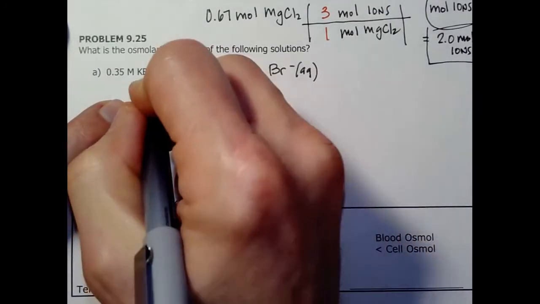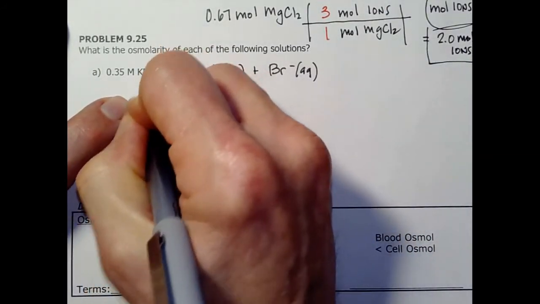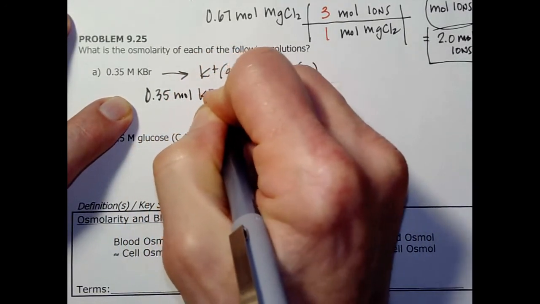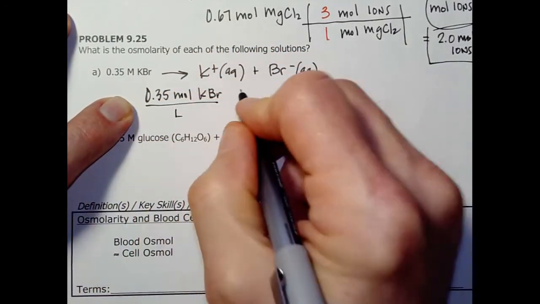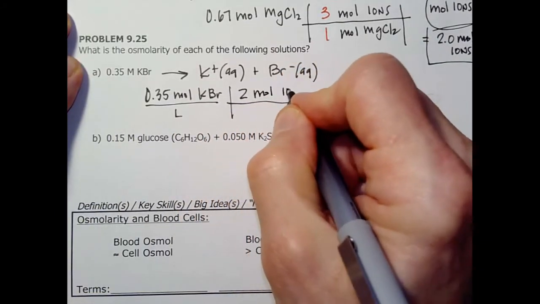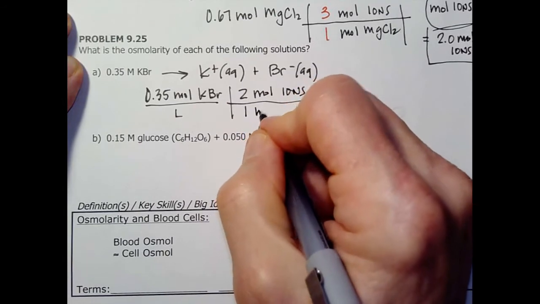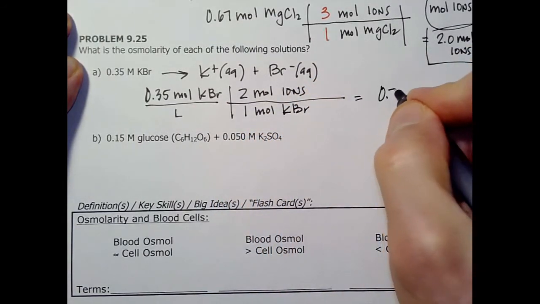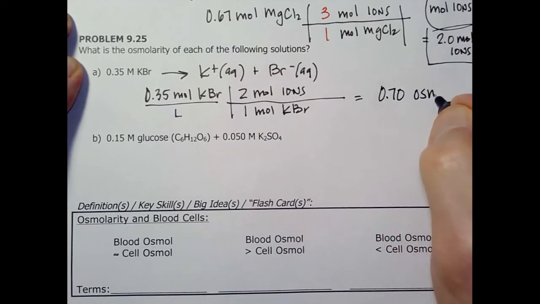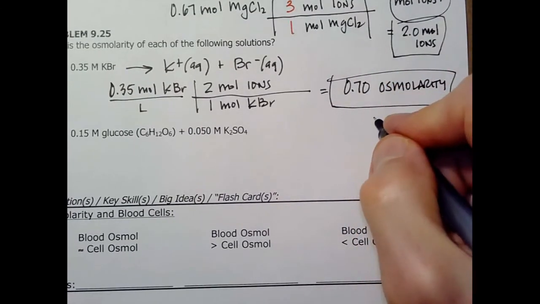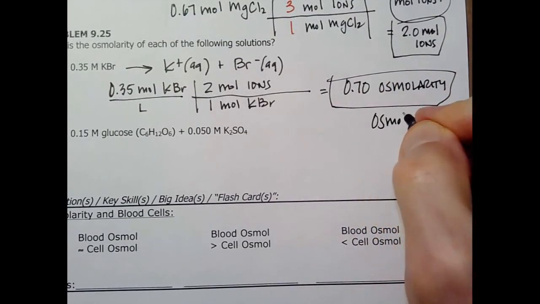I could say, okay, 0.35 moles KBr per liter times 2 moles ions, 1 mole KBr equals 0.70 osmolarity. I think sometimes that gets shortened to OSMOL.